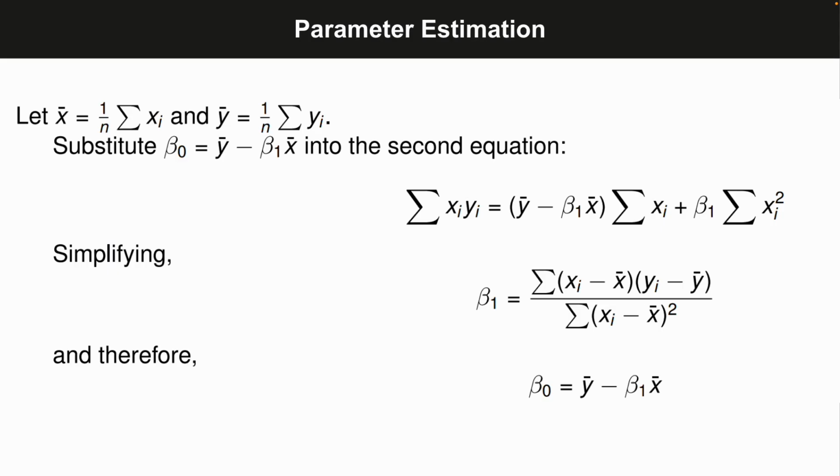In essence, you can see intuitively why it should be that. The purpose of beta 1 is to capture this kind of relationship, and how much slope you see is determined by how much variation you see along this axis.